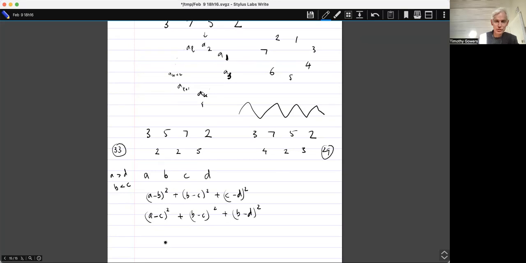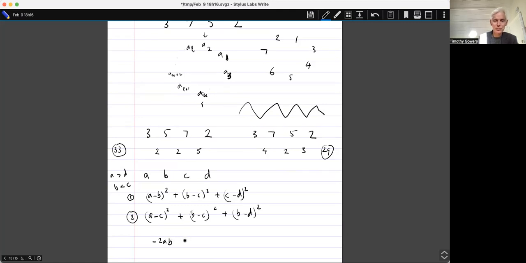So the only question is whether, so this is number 1, before the swap, and that's after the swap. So the 1 is going to be on the left-hand side. The only question is whether minus 2ab minus 2cd is greater than minus 2ac minus 2bd, since I'm hoping this is going to go down.